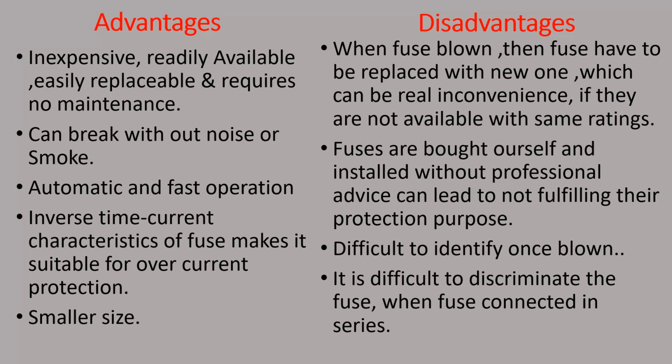And we have HRC type fuses, high rupture capacity fuses. This type of fuse is mostly used. These fuses have different types also. We have the DIN type and the NH type. The NH type is used for low and high voltage protection.